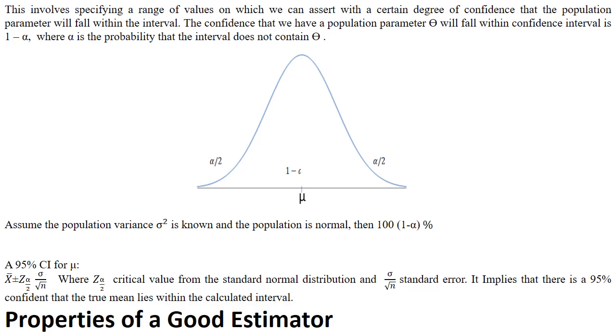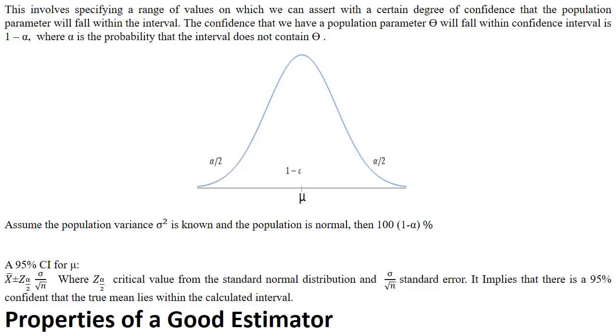We have our mu, and inside the bell shape we have 1 minus alpha, which is our confidence level. Then the interval is 100 times (1 minus alpha) percent.